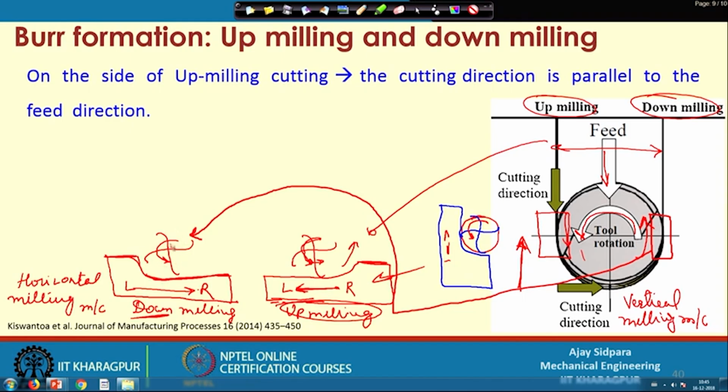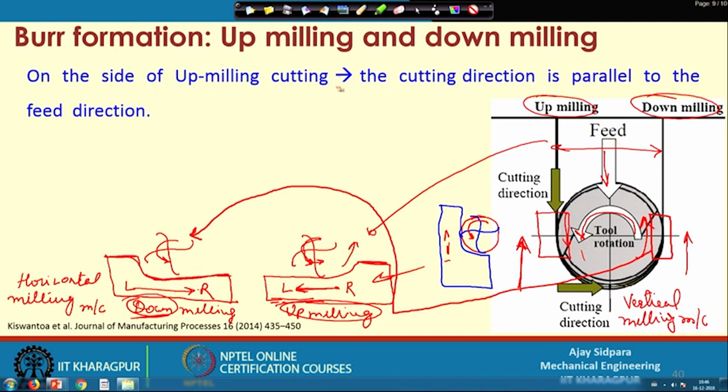There will not be any change in the direction of the rotation, but your workpiece is also moving in the same direction, because this is the workpiece direction, this is the tool rotation. So, this particular thing is equivalent to the down milling process. This is how you can define it in terms of the movement of the workpiece or in terms of the feed to the cutting tool.